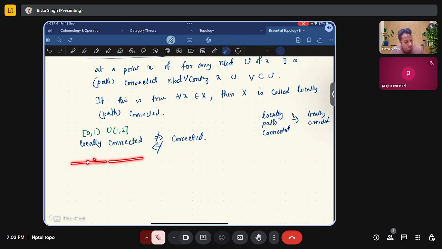Choose any point and you always get a connected neighborhood, x minus epsilon, x plus epsilon around that point, also contained in any arbitrary neighborhood.